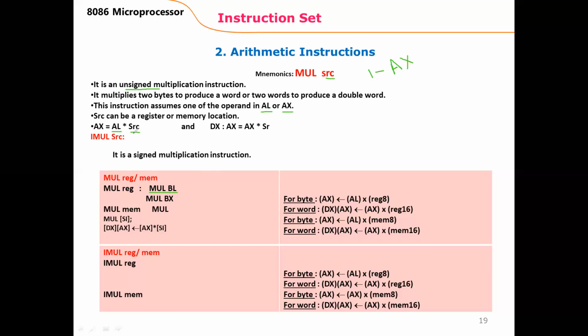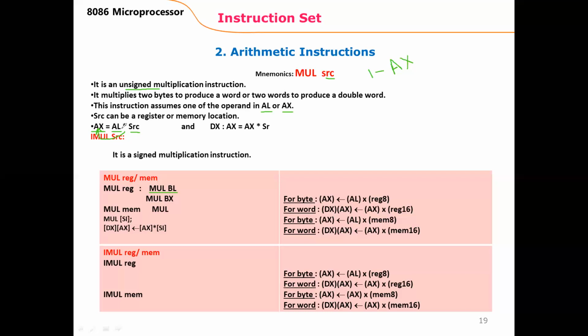The result of this multiplication is by default stored in AX. Why AX? We have multiplied two 8-bit numbers in this example, and we are using a 16-bit register to store the result, because we know that if we multiply two numbers, for example, two 4-bit numbers, then the result may be of more than 4 bits. So to accommodate the full result, we need a double length register.